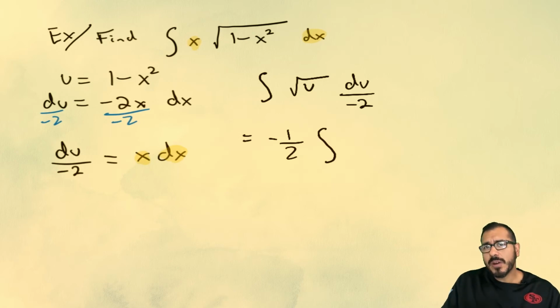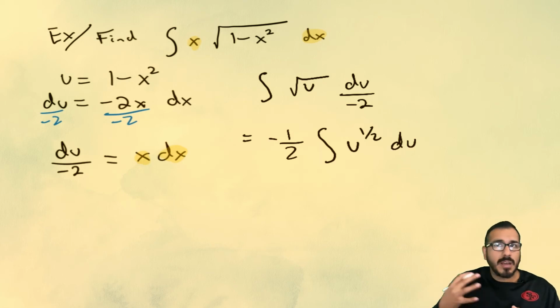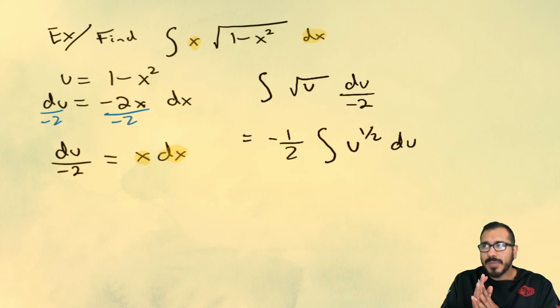What's another way of writing the square root of u? That's right, u to the 1/2 power. So all your algebra skills are always going to come back into play, and that's where students really struggle. There are a lot of gaps in their algebra. So take a look at some of my other videos to help you with your algebra skills, because it's such a huge part of calculus.